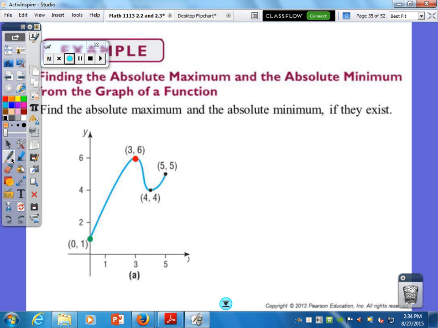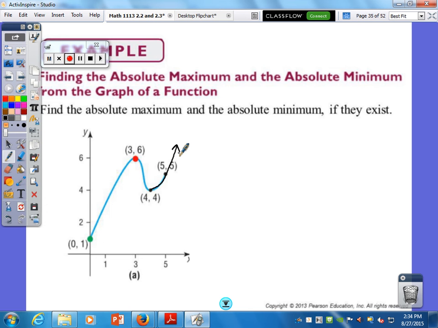Now what would cause this to be a problem is if I added an arrow. If I added an arrow, what would I change my absolute maximum to? Okay, but positive infinity is not a number, so the absolute maximum, it has none. Because we can't touch it, taste it, feel it, smell it, it's not tangible, we would say there is no absolute maximum if I added that arrow there.